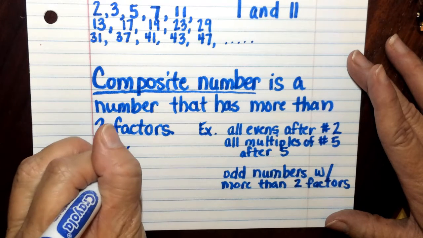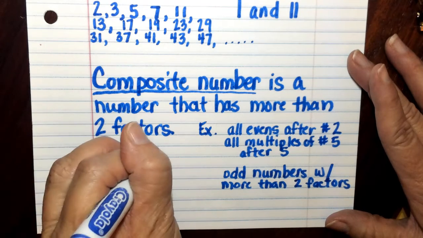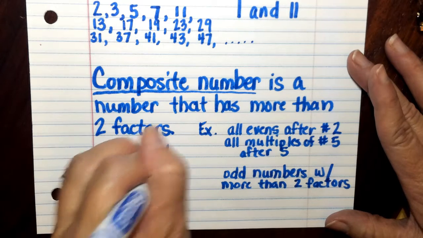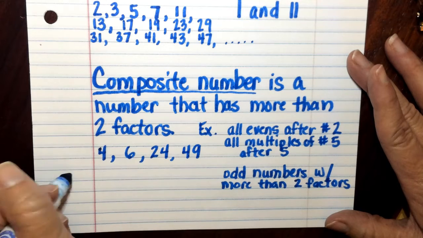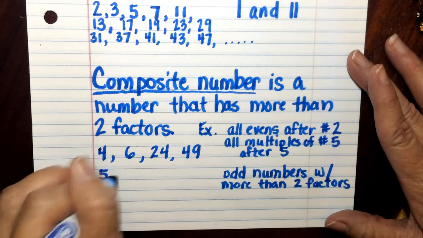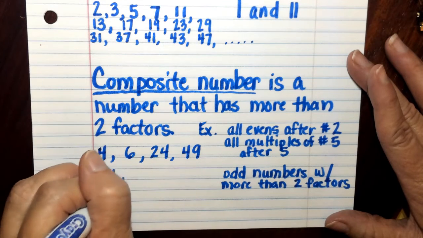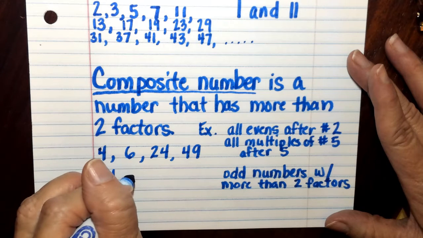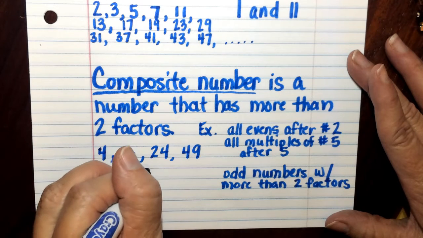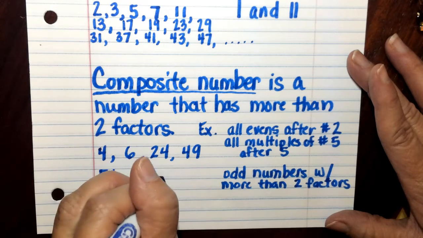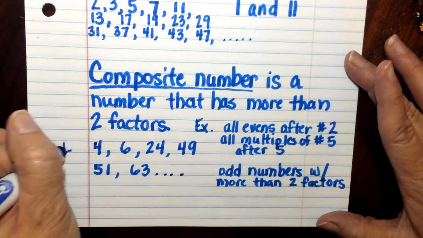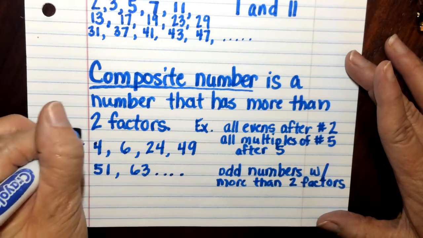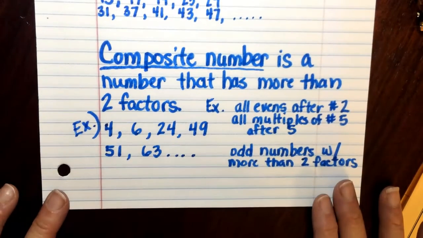That might be the number 6. Definitely the number 24. The number 49. The number 51. The number 63, and so forth. These numbers here are all composite numbers because they have more than 2 factors.